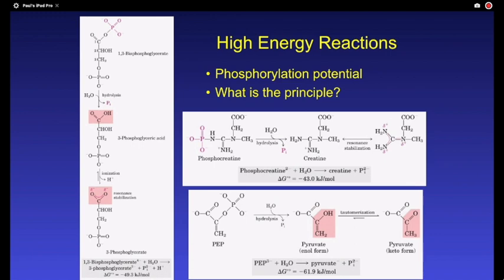But in each one of these reactions here, not only does the phosphate resonate, but the final product also has resonance structures.